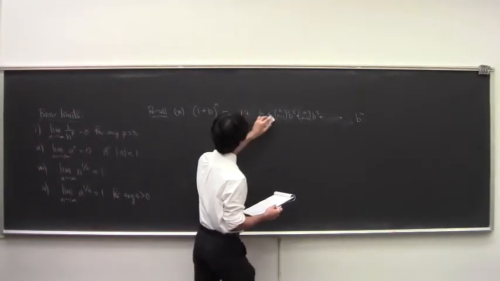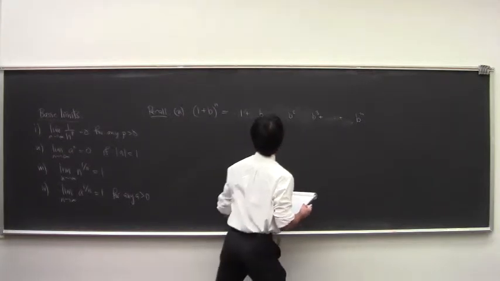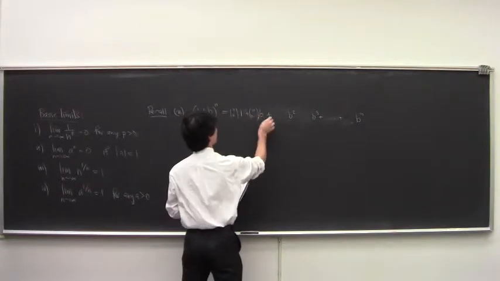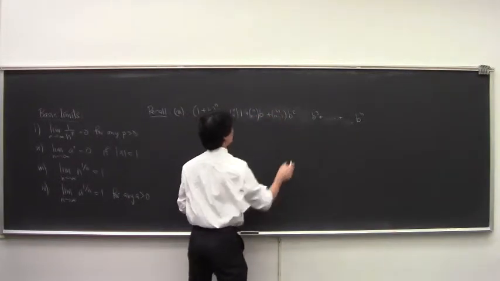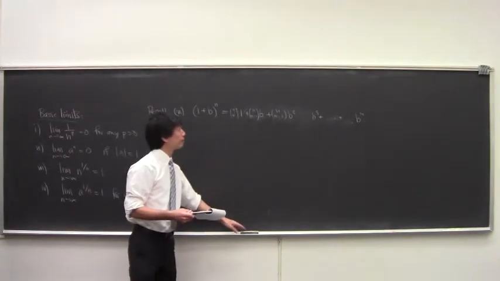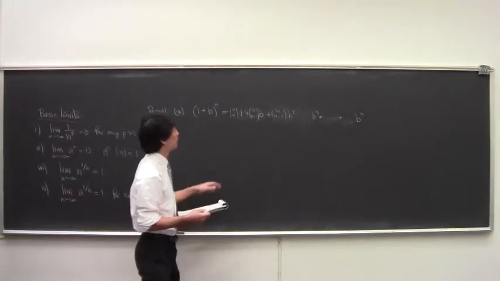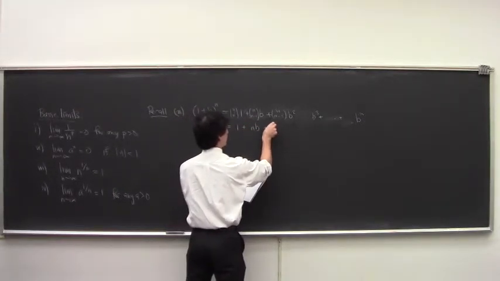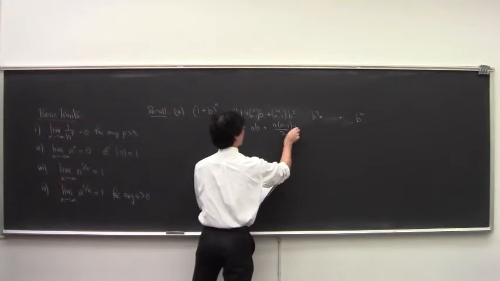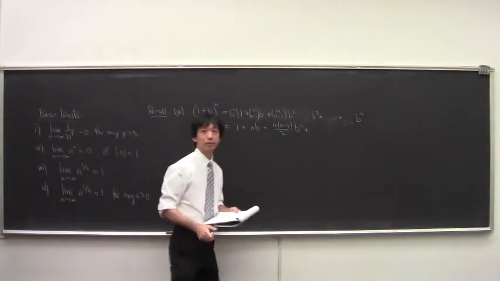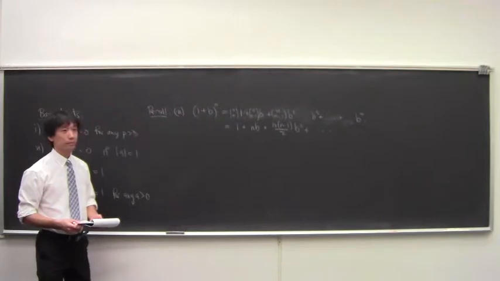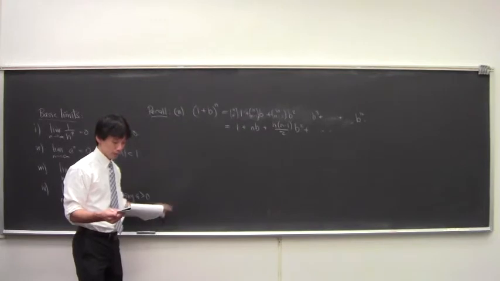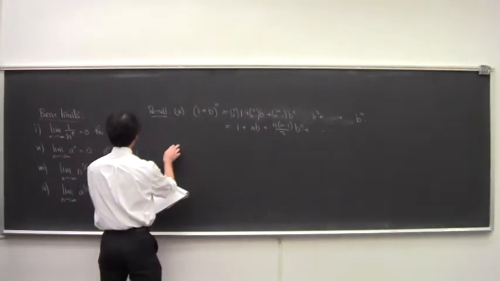I'm sorry, I got it wrong. Right, and so it ends up being like 1 plus nb plus n times n minus 1 over 2 b squared plus etc. etc. Okay. So anyway, we're going to use this again in the proof of number 3.